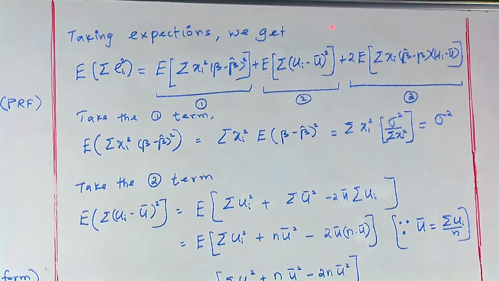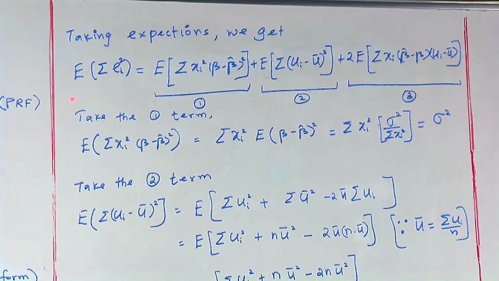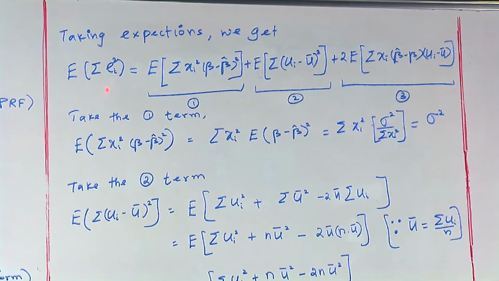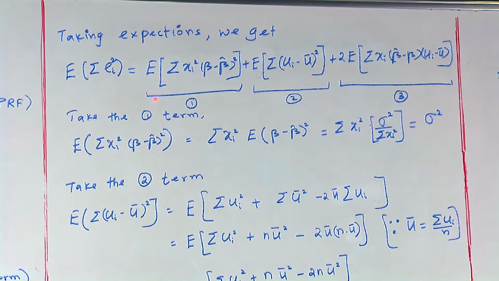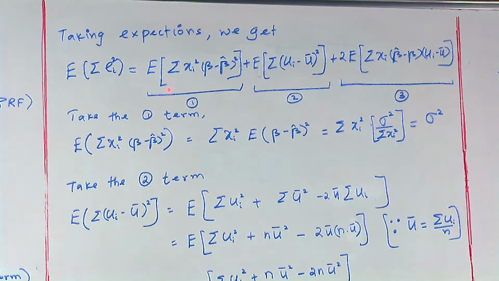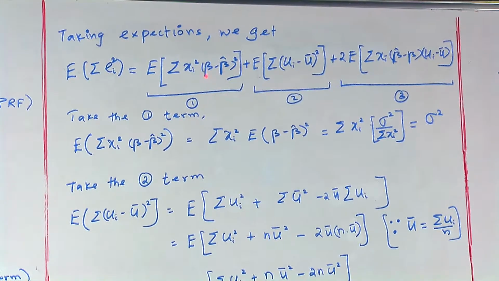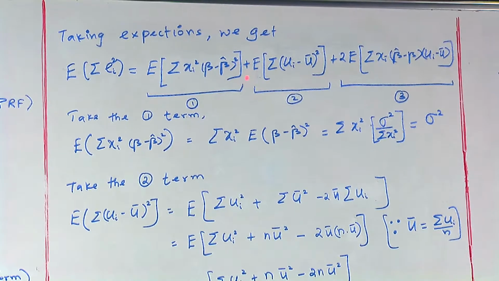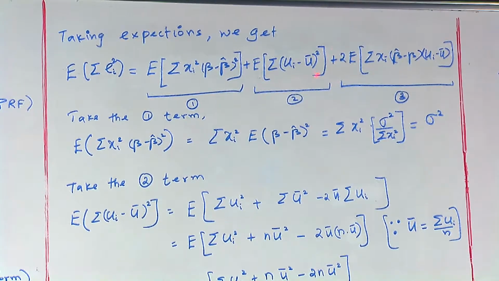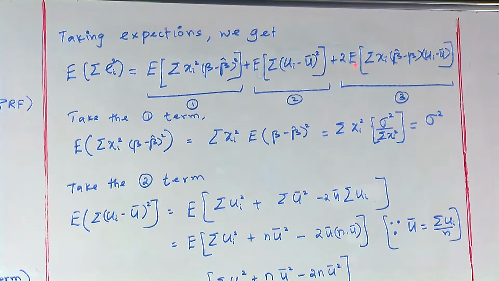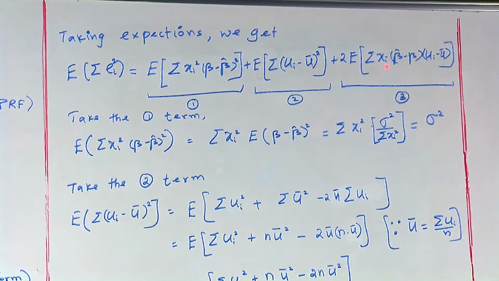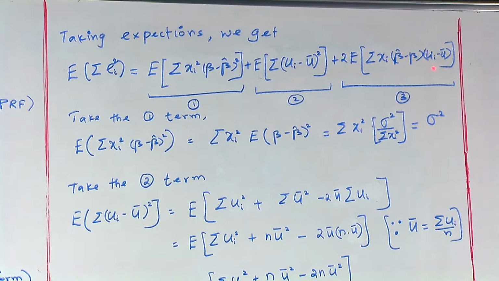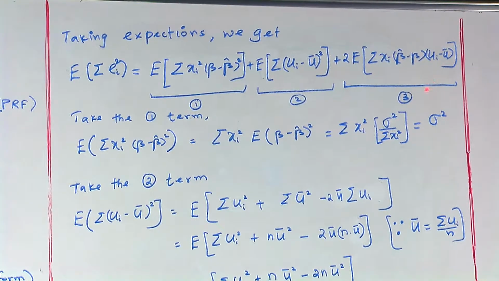Taking expectations on both sides, we get expectation of Σei square equal to expectation of Σxi square (β − β̂) square plus expectation of Σ(ui − ū) whole square plus 2 into expectation of Σxi (β̂ − β)(ui − ū).